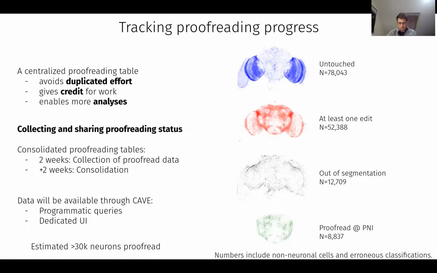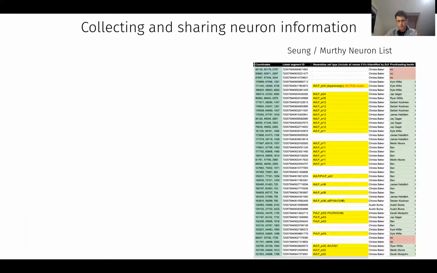As an example, this here is a Google Drive table that we have been working on in the Seung-Murthy labs. And so we have been keeping track of coordinates, segment IDs, but also names, who identified it, and who said that something had been proofread.